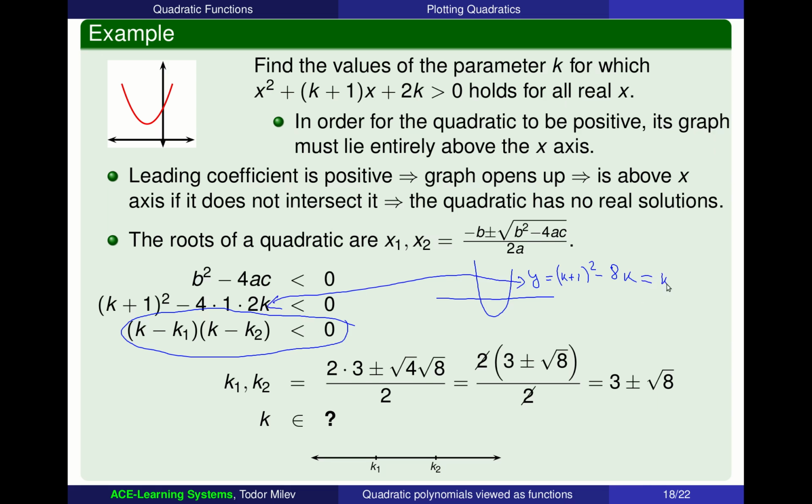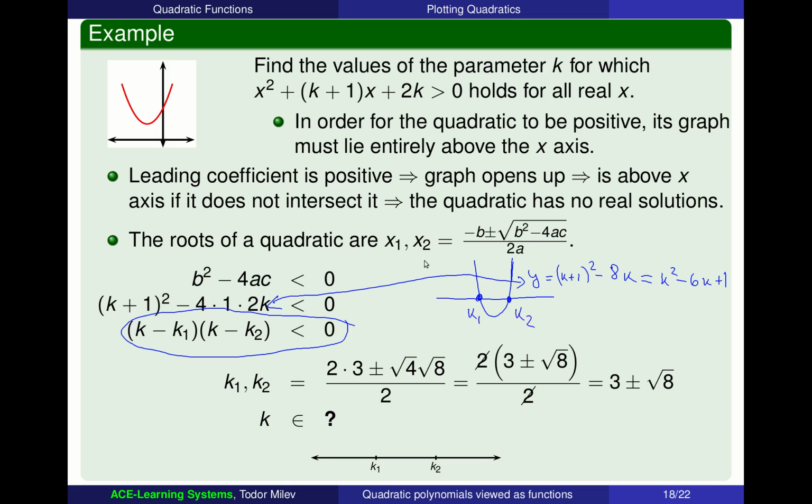If you remember, when we uncover the parentheses, that turns out to be k squared minus 6k plus 1, something of that sort, right? So that function here is k squared minus 6k plus 1, and I can plot it. Here's the first solution k1, and here's the second solution k2.